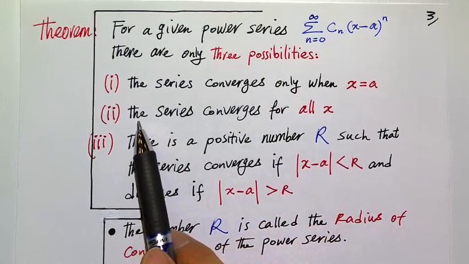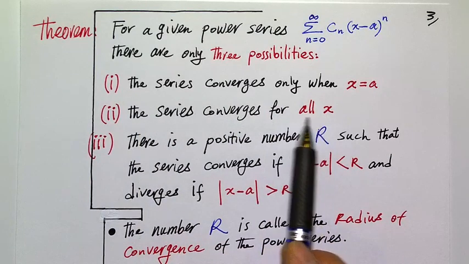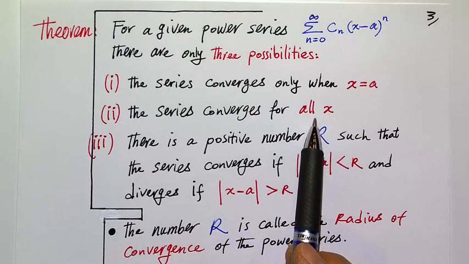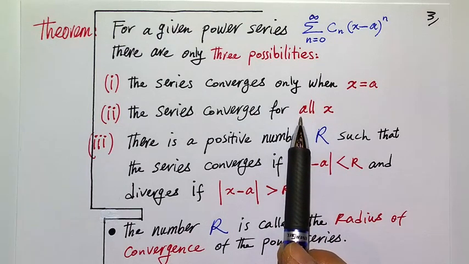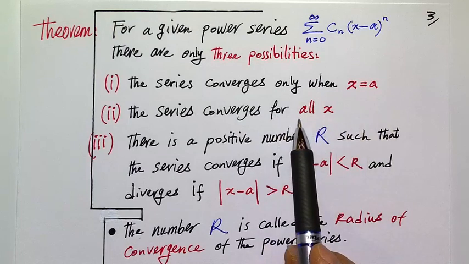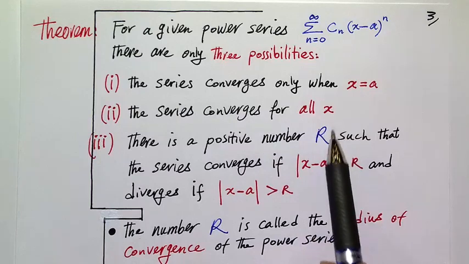The other case is that the series converges for all x, that is, for all real numbers. In other words, the domain of the function, or the convergence, would be over the interval negative infinity to infinity.